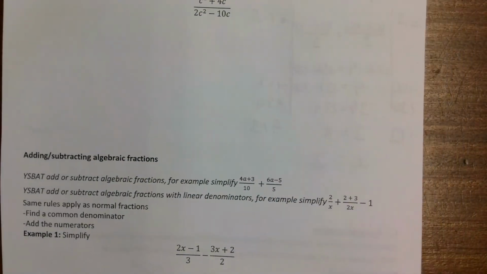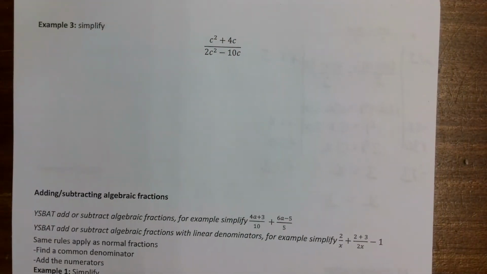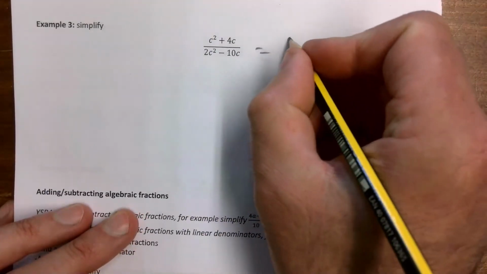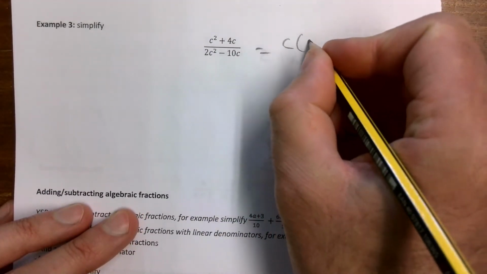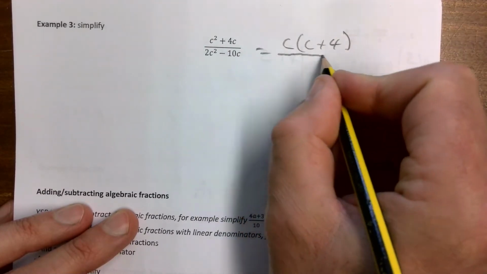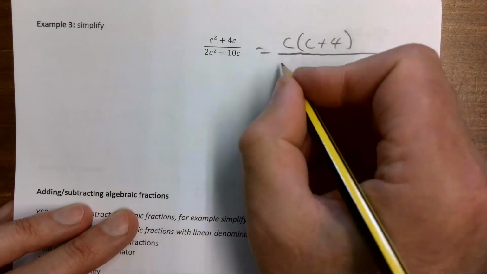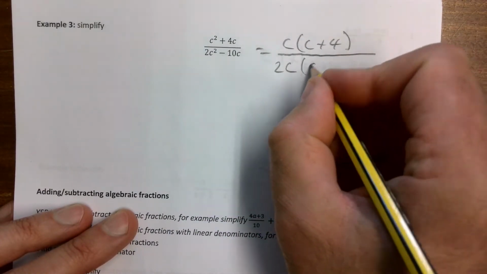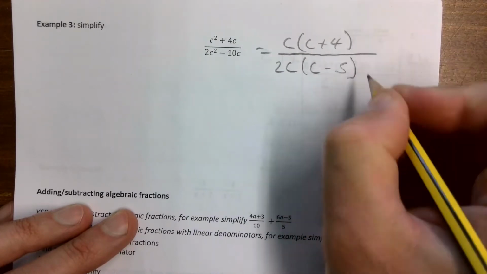Same thing again, factorize, factorize, factorize. Let's see if we can get anything to factorize here. So there's a common c. I'm going to take it as c upon c plus 4. That's that factorized. Here I can take out a 2c upon c minus 5.